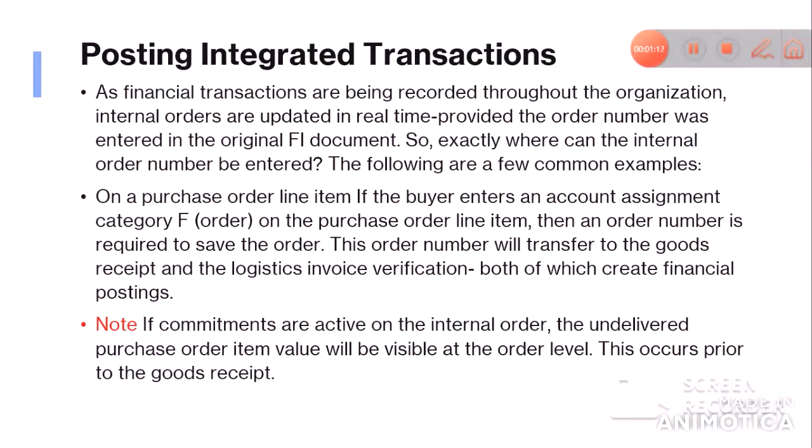So what happens here is how posted integrated transactions work. If on a purchase order line item, a line item which is related to the purchase order, the buyer enters an account assignment category F, if that purchase order has category F, then an order number is required to save the order. This order number will transfer to the goods receipt and logistics invoice verification.